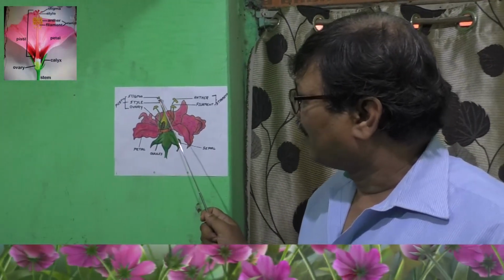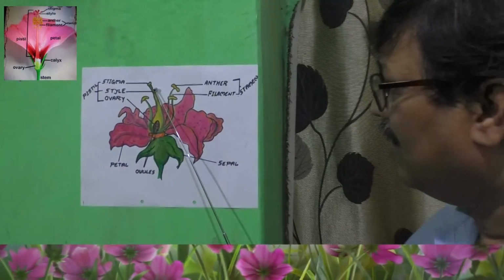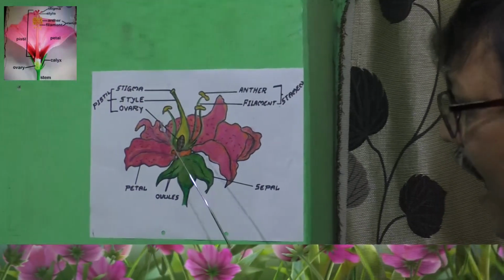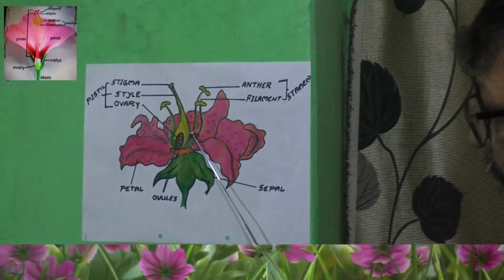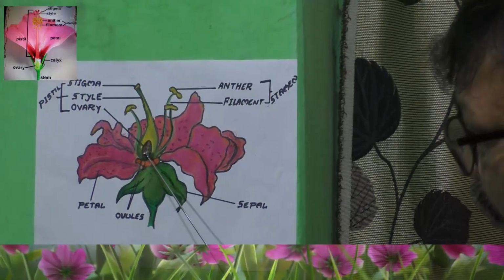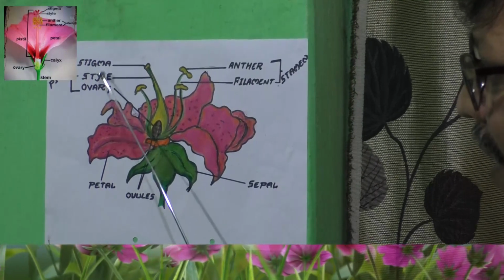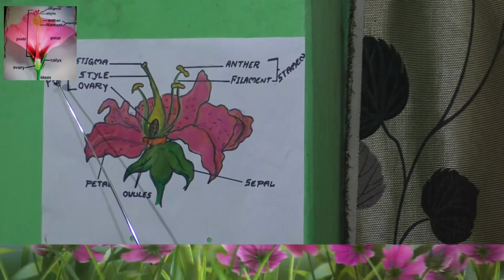And then here you can see this one. This is called the stigma, and the tube-like structure is called the style. And at the bottom, this is called the ovary. Inside the ovary there are ovules, and stigma, style and ovary together form the pistil, a part of a flower.